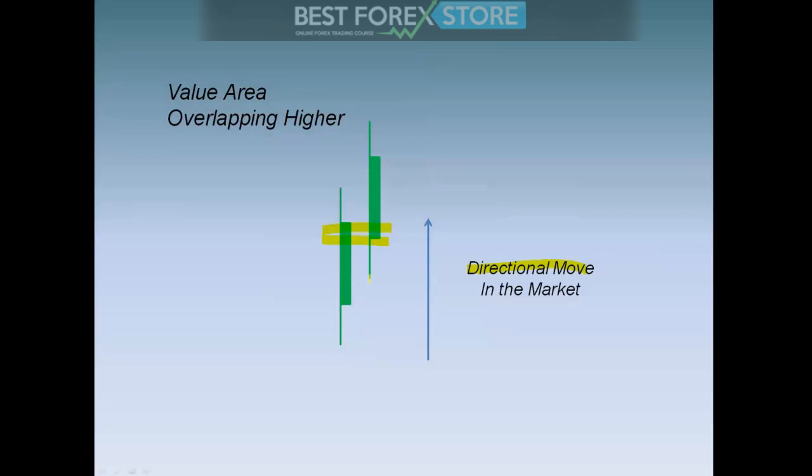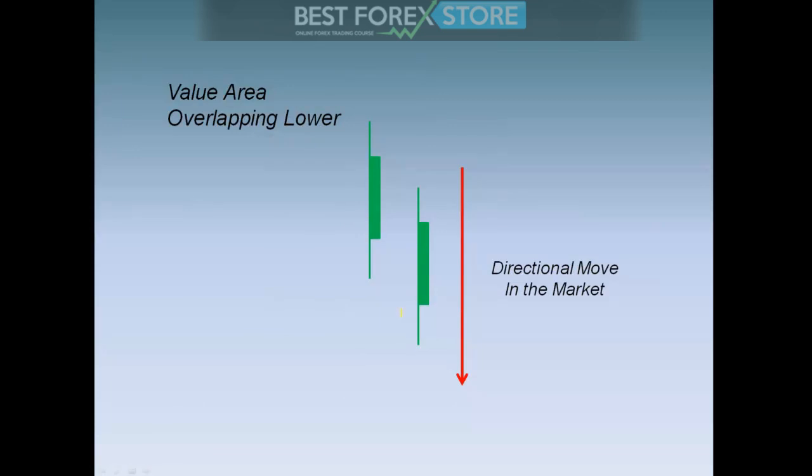But here, this is telling me the directional move is still heading higher, is still continuing, but not as strong as if in fact the value area had opened up here and was higher. Same thing for the reverse. If we're overlapping lower, that means that we're likely to see continuity in the market. We're still going to move in the direction, but not as strong as if the value area was significantly lower.